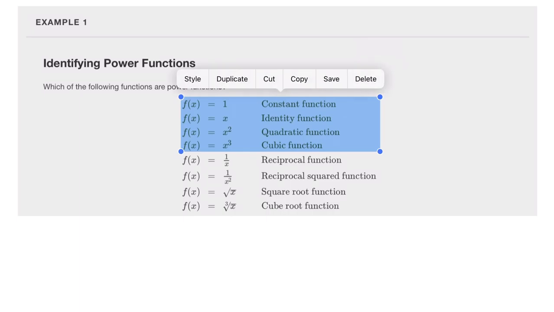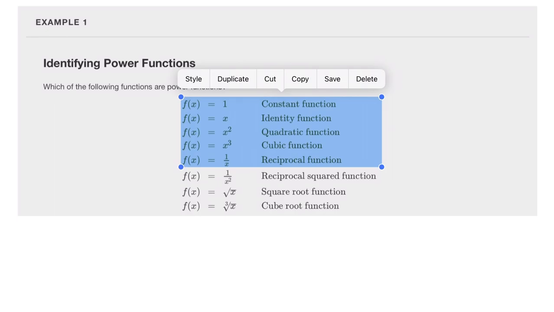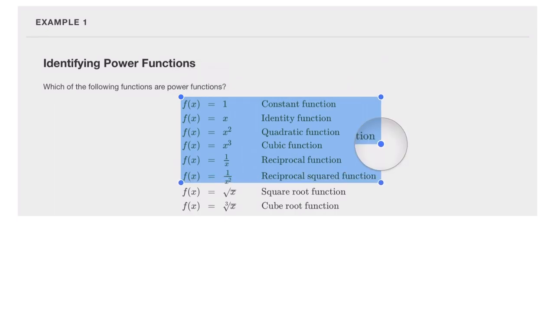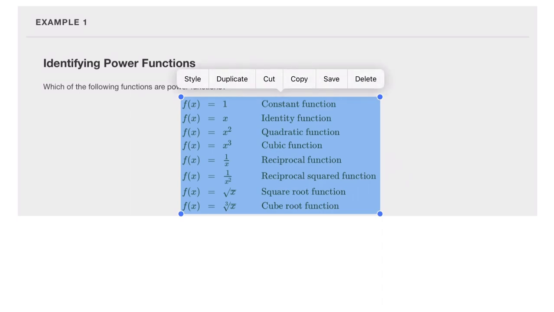Reciprocal you can write as x to the power of -1, so that's still raised to a real power. Reciprocal squared is x to the -2, square root. Are all of these power functions? I'm getting that they all are. Based on the definition on the previous slide, you can get all of these to fit that definition. So I would say that they all are.